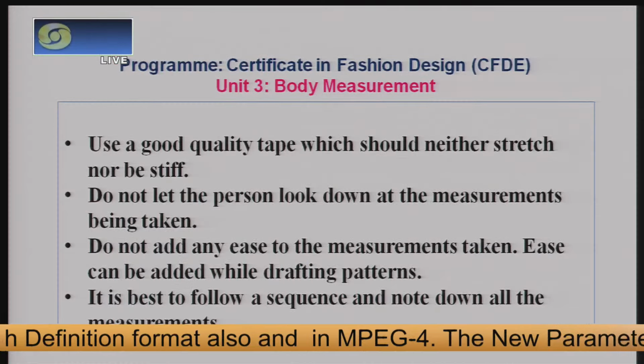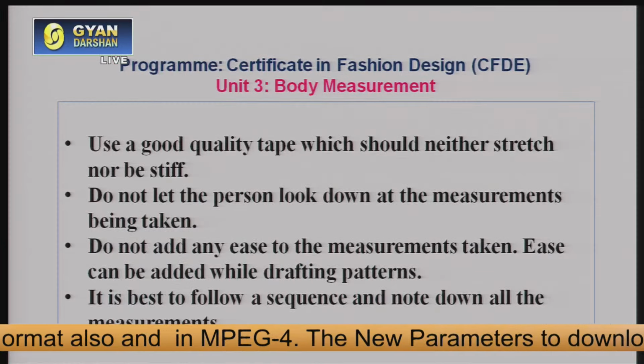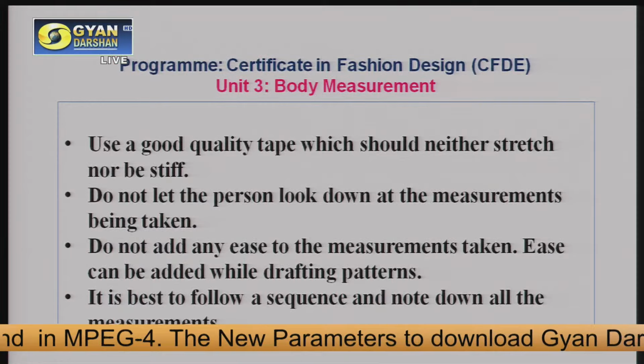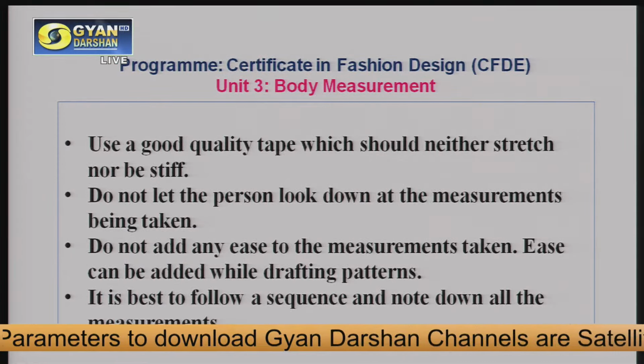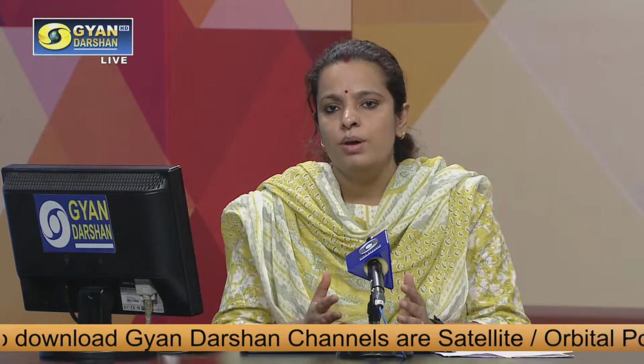Next, do not add any ease or extra margin to the measurement taken. Ease can be added while drafting the pattern. So when you are taking the measurement, please note down the measurement which is coming. Suppose you are taking a measurement and it is coming around 30 or 32 or 34.